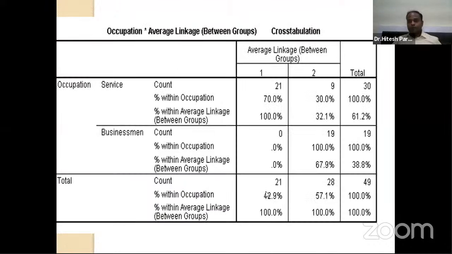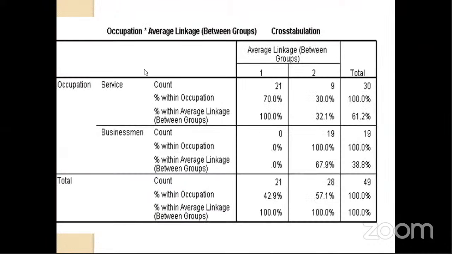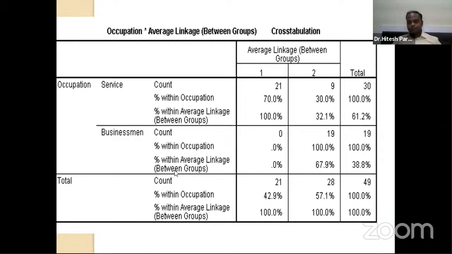Again, we move further with respect to occupation and cluster. We can say that businessmen, all 100%, are in cluster number 2. So cluster number 2 is of people greater than 35 years of age, or 35 to 55 years, with all businessmen.